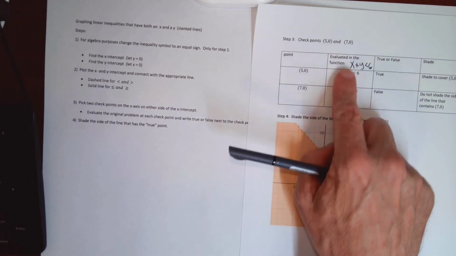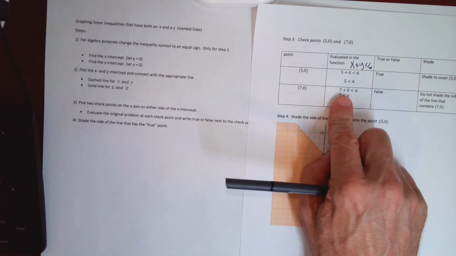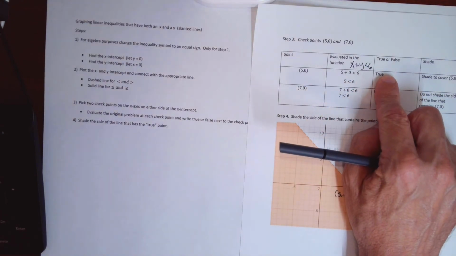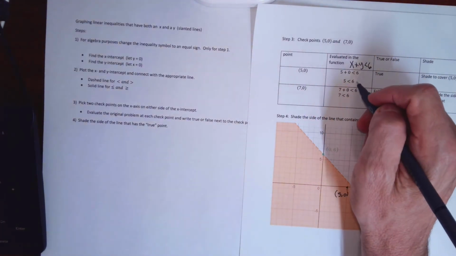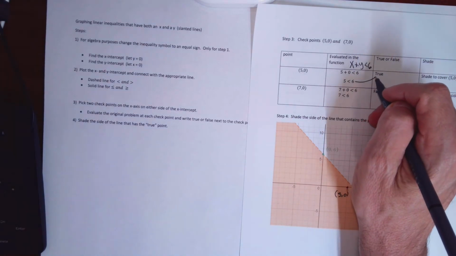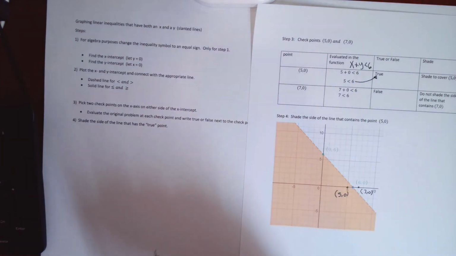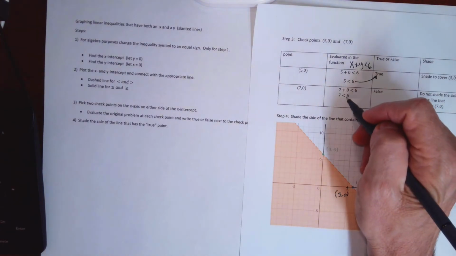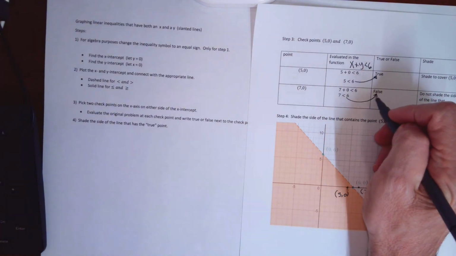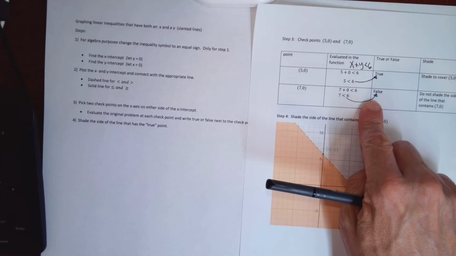So I evaluate the points in the original inequality, and then I ask myself, do I have a true statement or a false statement? The first statement in the top row, 5 is definitely less than 6, so I write true next to it. The next statement, 7 is not less than 6, 7 is bigger than 6, so that's a false statement.